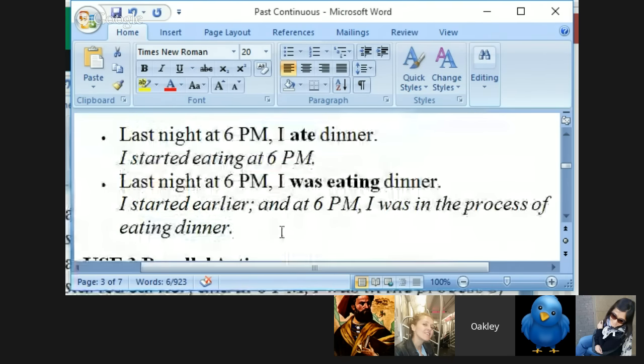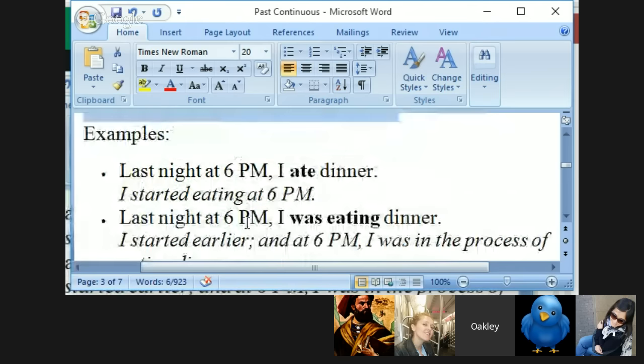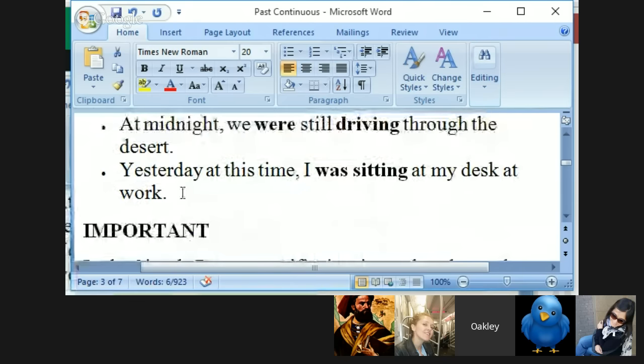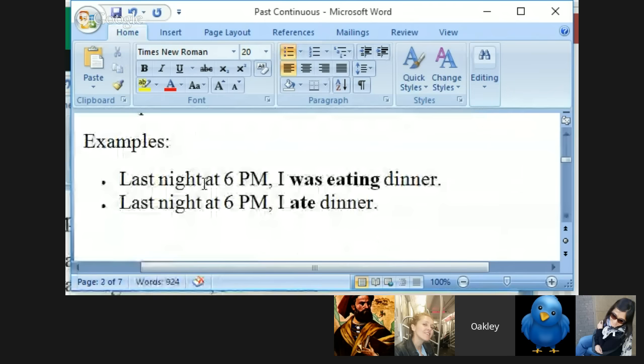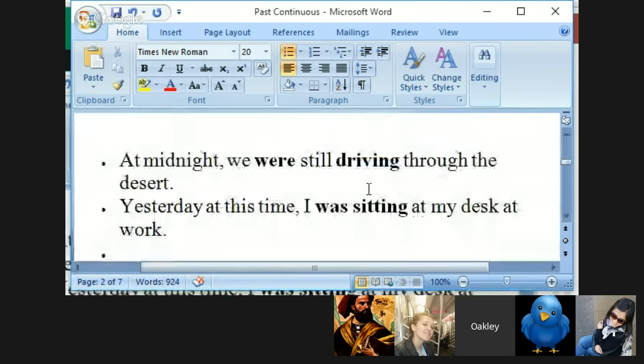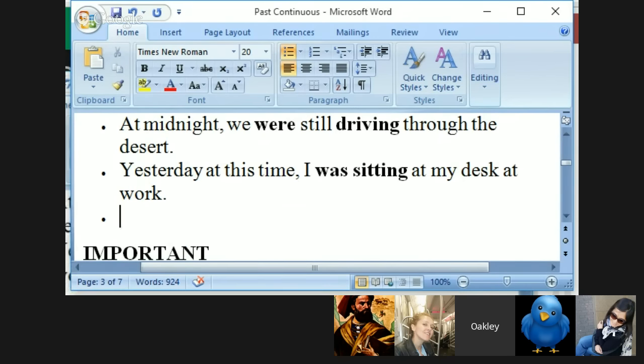All right, well, here is what we were just talking about. Okay, so let's try this out with a specific time using our model sentences here. At midnight, yesterday at this time, a specific time. Okay. Let's have Salvatore start us off this time.